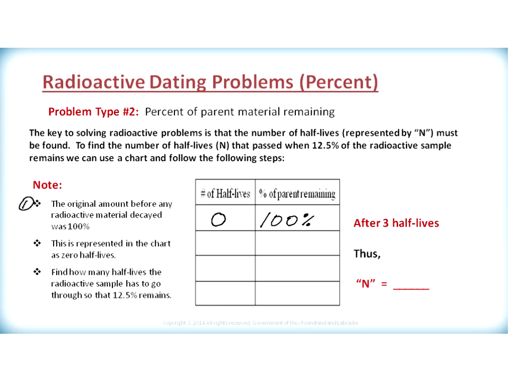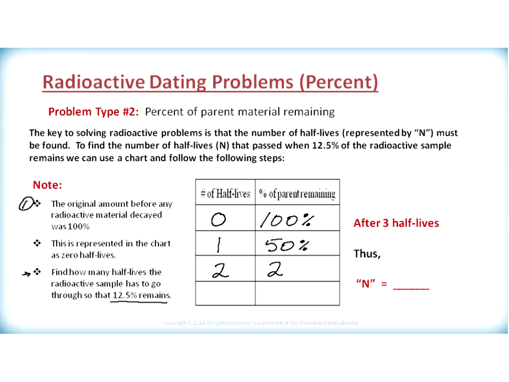Finally, we find how many half-lives the radioactive sample has to go through in order to have 12.5% of the original material remaining. After one half-life, 100% of the material decays down to 50%. Now we have 50% of the material remaining as radioactive sample. After a second half-life, half of the 50% would decay.